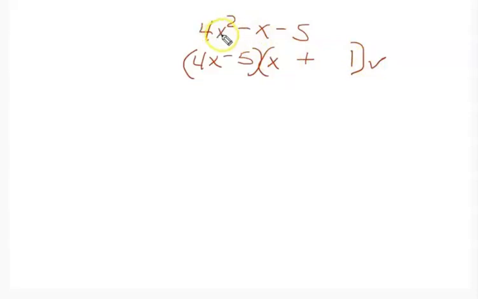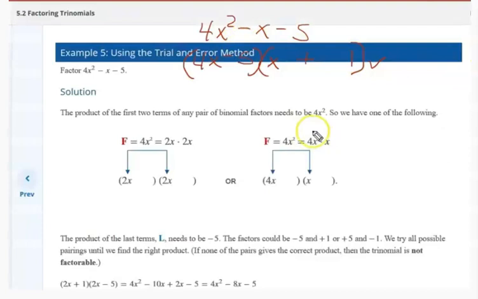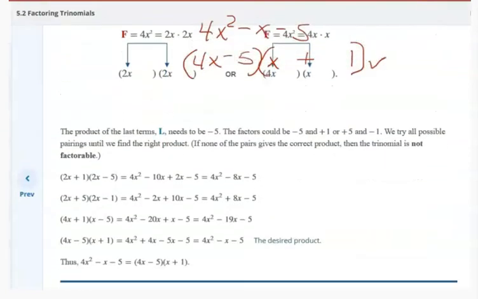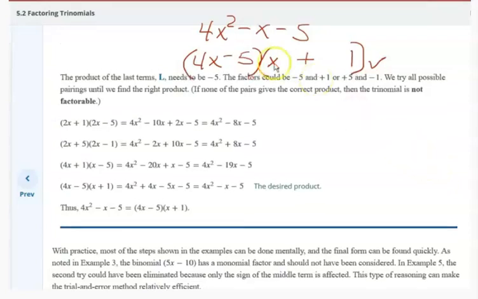Now, again, depending on what you've done, and you're writing this in pencil because you're guessing and checking, and then foiling it to prove that you are correct. And here they show the various possibilities, and they end up with what we have.